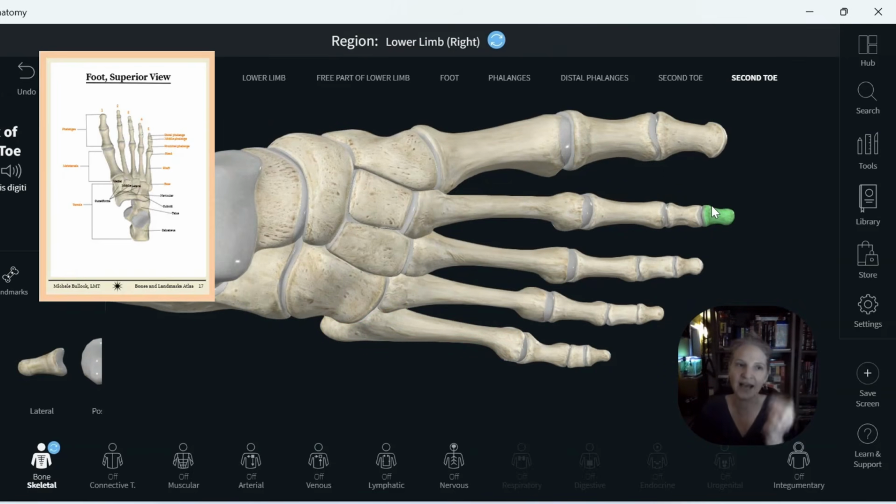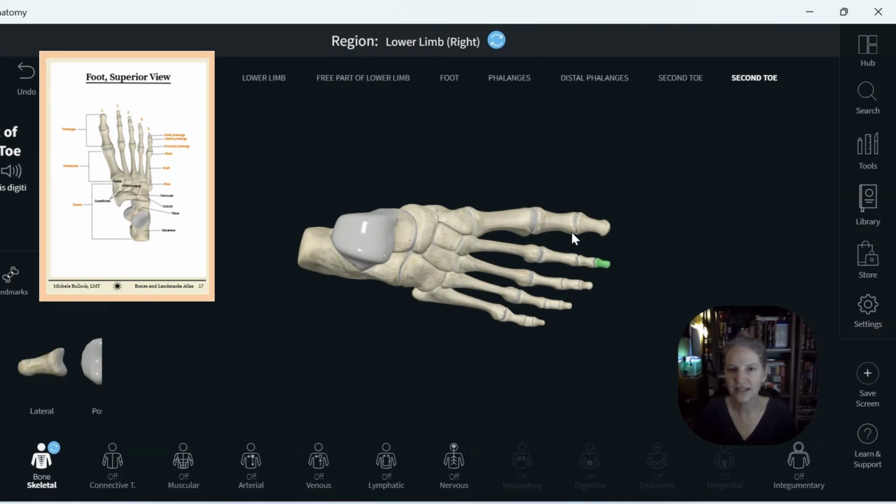You just have to add "phalanx of the toe" in order for that to make sense. The joints between the toes, just like the fingers, are called interphalangeal joints. The joints between the metatarsals and the phalanges are called metatarsophalangeal joints. The joints between the tarsals and the metatarsals are called tarsometatarsal joints.